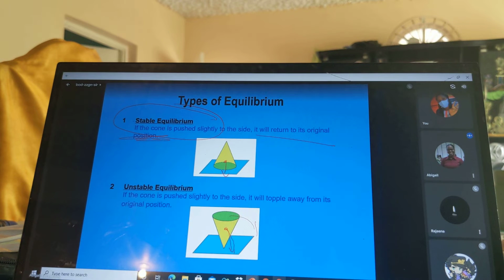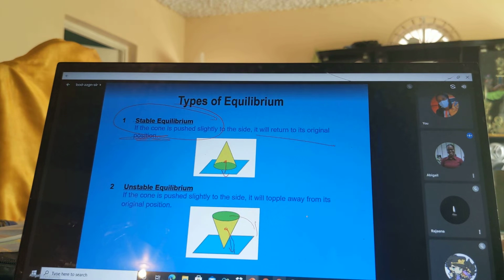For example, if you sharpen your pencil and try to balance it on its tip, it's harder to balance. If you just leave the pencil standing on that tip, it's just going to fall over. That is because the center of gravity, or where the weight acts from, is always outside of the base, outside of the pencil point tip.